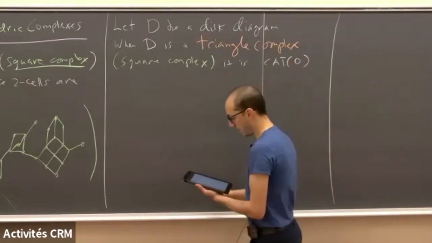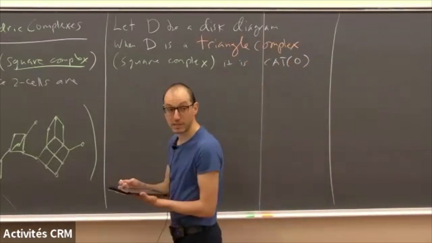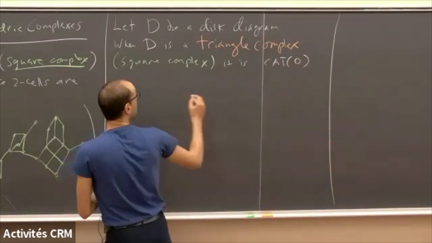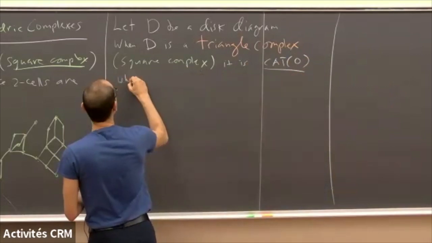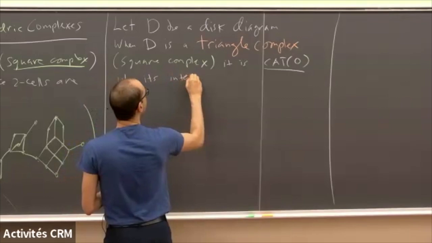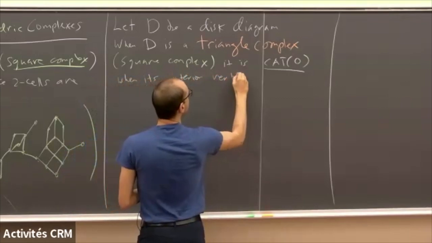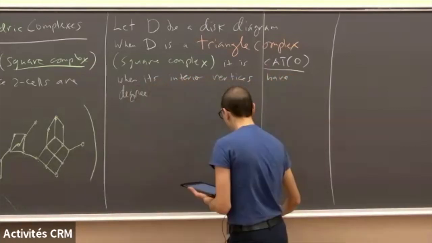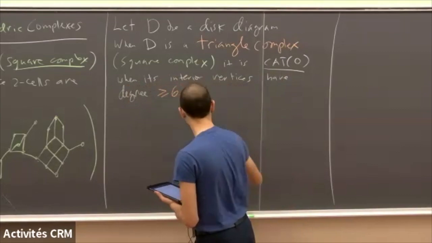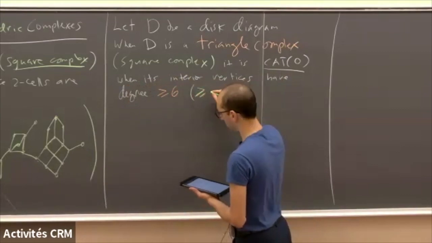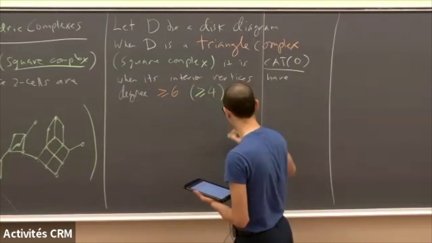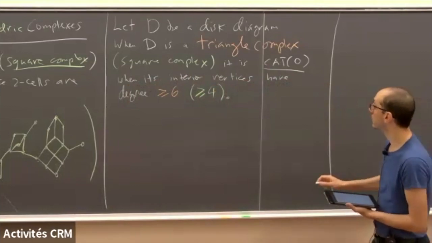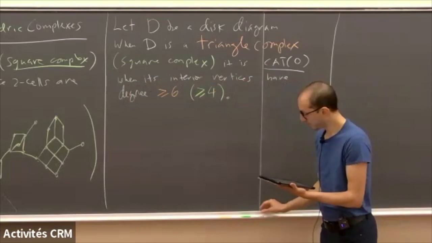For triangle complexes, well, for disk diagrams that are triangle complexes, it's when its interior vertices, or at least this is an equivalent condition, have degree greater than or equal to 6. And if you remember your link condition from Nir's course, then the square version of that is greater than or equal to 4. Okay.